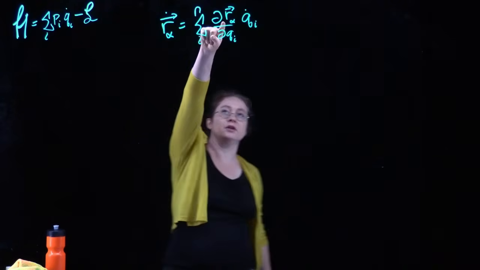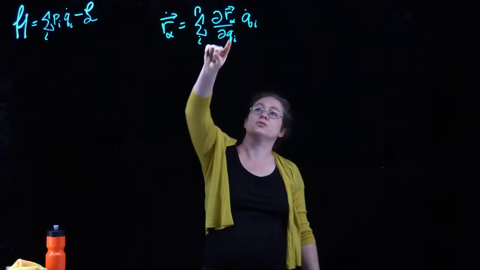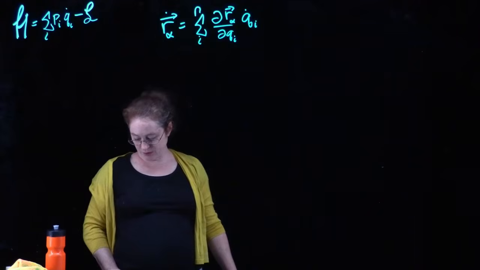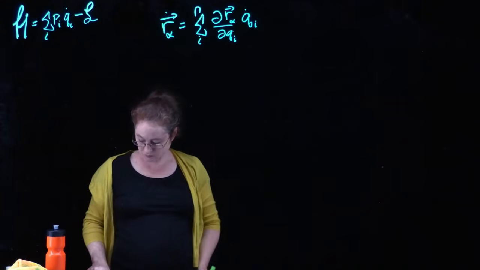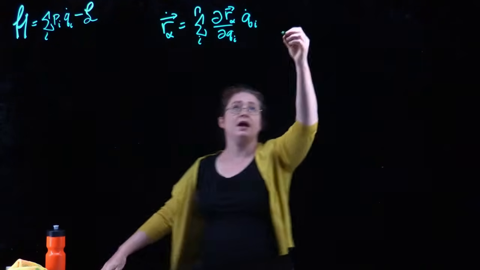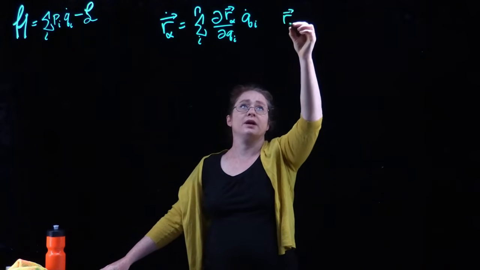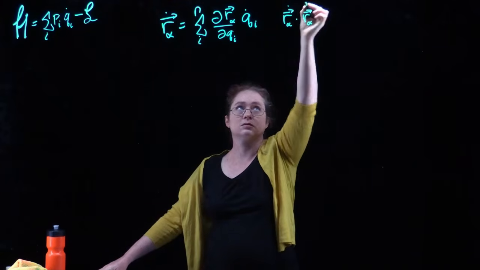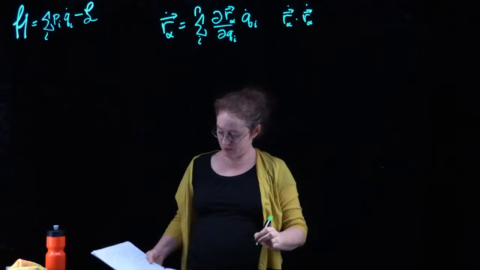So I take the derivative of the position with respect to the coordinate and multiply by the time derivative of the coordinate. And then I can look at the square of this. So I'm going to dot it with itself.